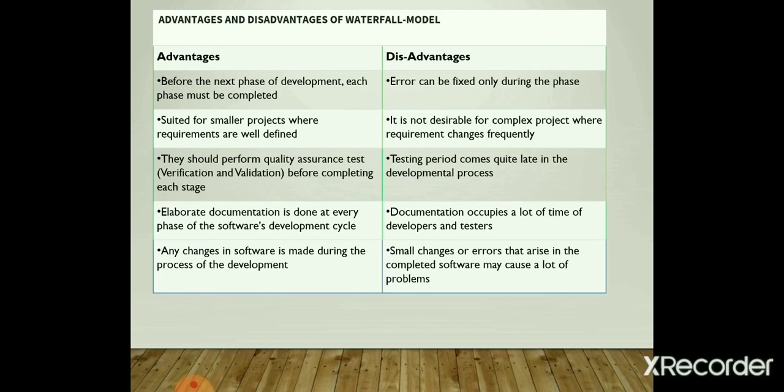Means if any error occurs during that phase it can be rectified, but after completing the software, any error or small change requires more effort or creates a lot of problems. These are the advantages and disadvantages of the waterfall model.